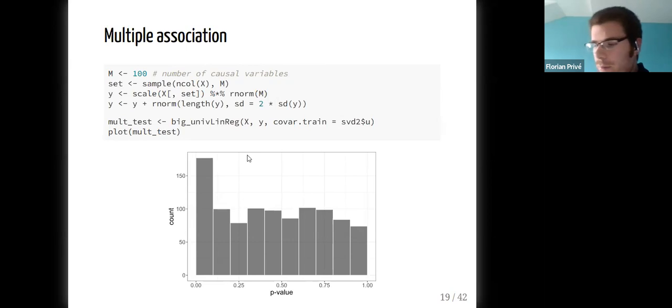For example, before I had the disease status, whether someone has the disease or not. So you have people that have the disease and people that don't, a bunch of zeros and ones. You can use that as a phenotype and test each of the genetic variants for association with the disease status.